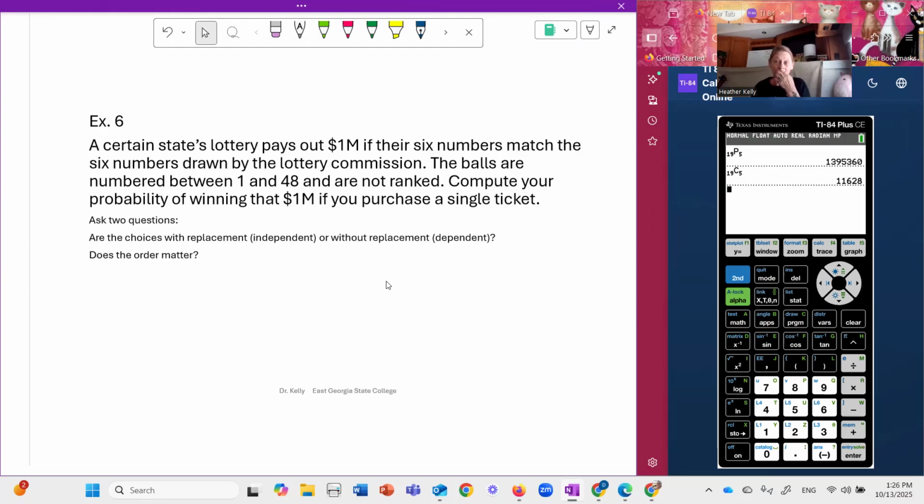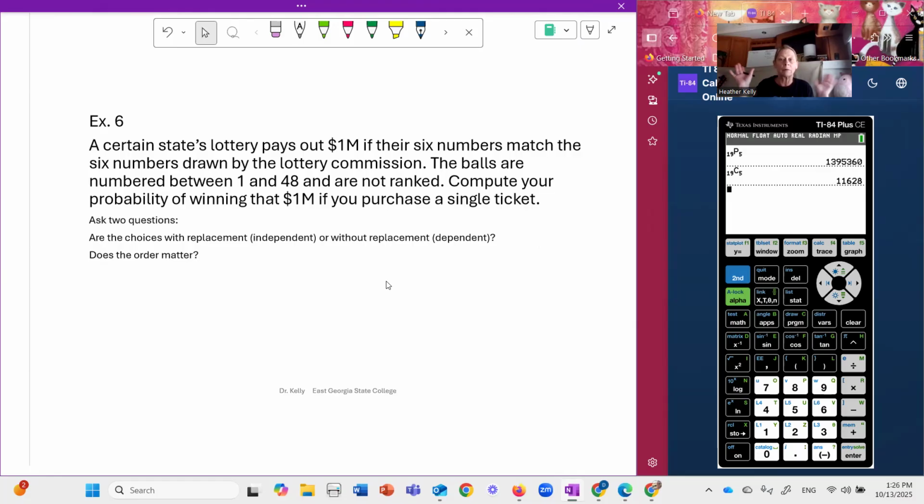There's also only one way your numbers can all line up with the Lottery Commission. The balls are numbered between 1 and 48 and are not ranked. Compute your probability of winning that $1 million if you purchased a single ticket.